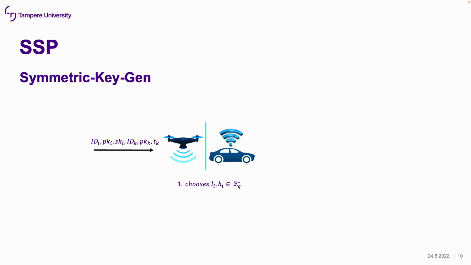Now, the entity chooses Li and Hi, computes U and V, computes Y, which takes as input the identity and full public key plus time constraint, computes T, and then computes the key, which is going to be the session key, which is going to be used to secure the communication between the entities. Now, obviously, it outputs the key.